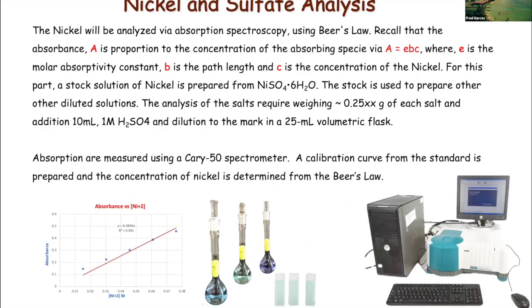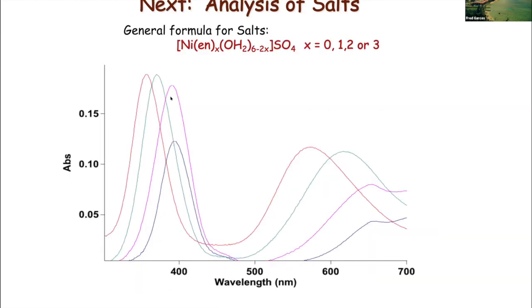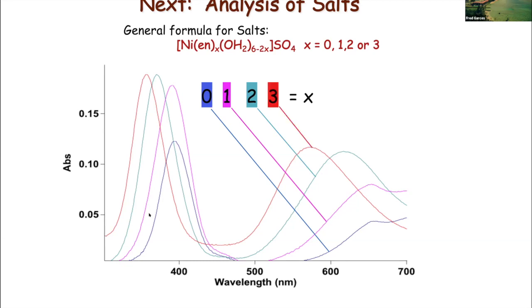Okay, because you need to measure the absorbance at the most intense wavelength, you're required to take the absorbance of all the salts so that you know what wavelength to sit on in order to be the most sensitive. Again, these are the absorbances for the 3 salts as well as the starting material.